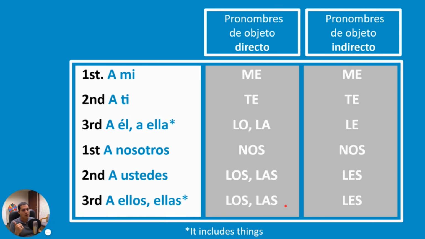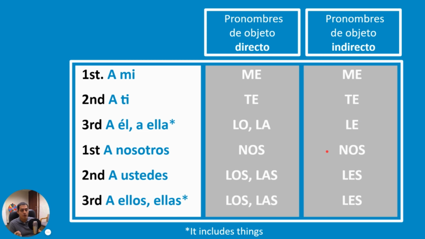The indirect object pronouns will go like this, very similar: me, te, le. Here's the first conflict that you will find here, the first difference between direct and indirect object pronouns. For a él, a ella, to him, to her, the indirect object will be replaced with the indirect object pronoun le.